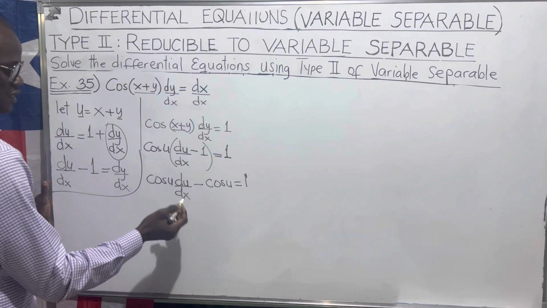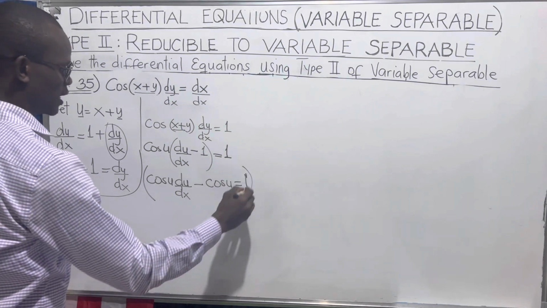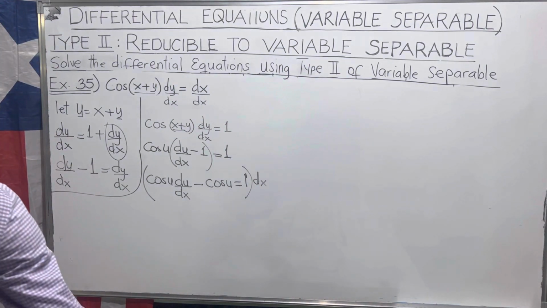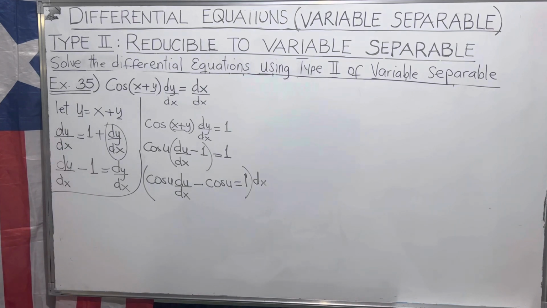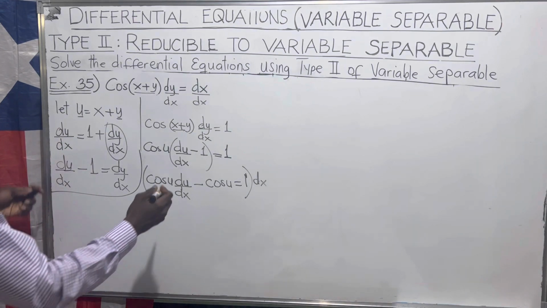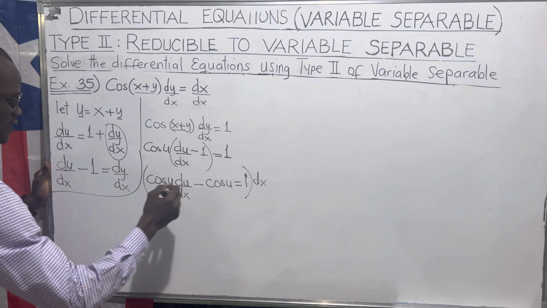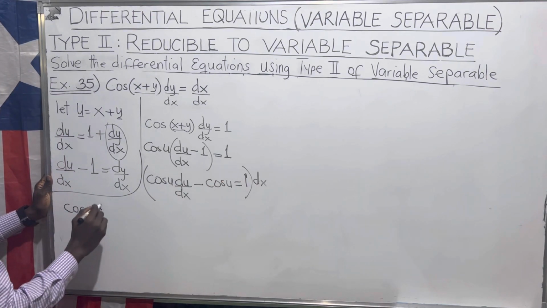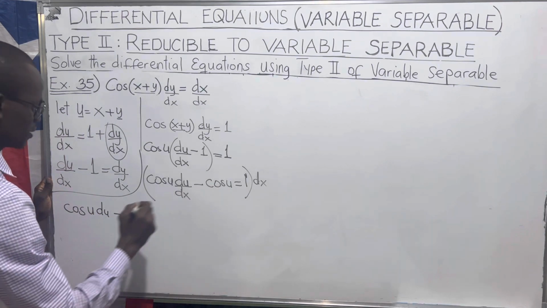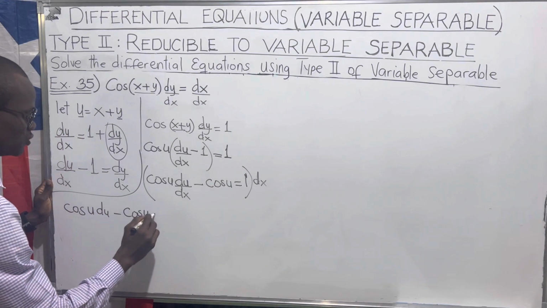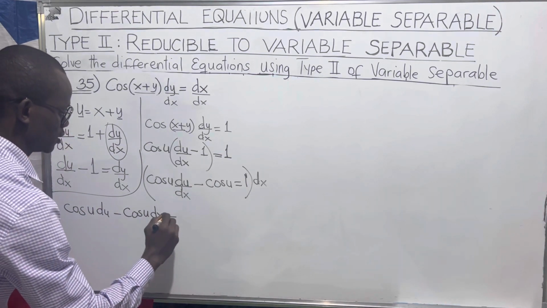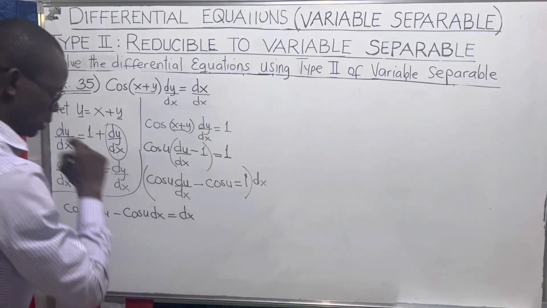Now I want to get rid of this dx, so we can multiply the whole thing by dx. So we will have cos of u du, minus cos of u dx, and then equals dx.